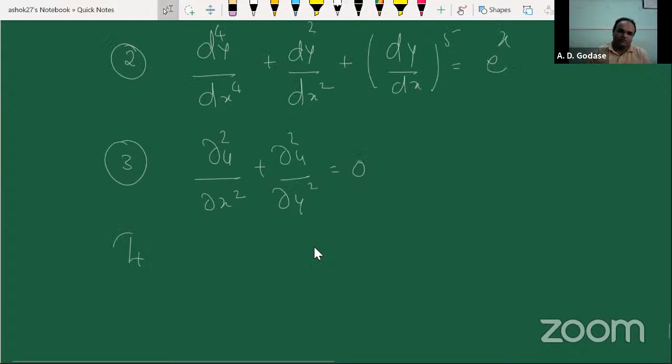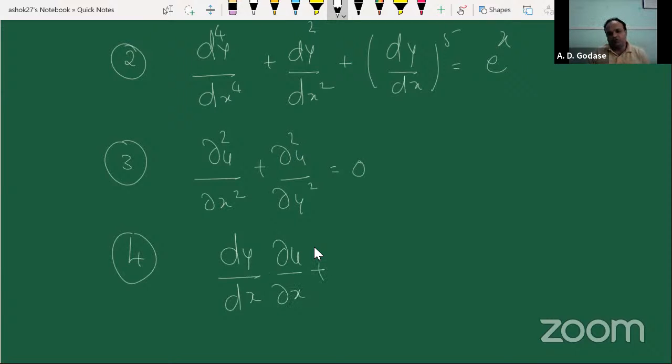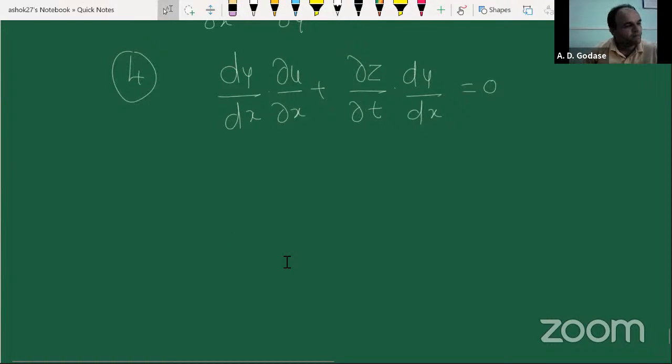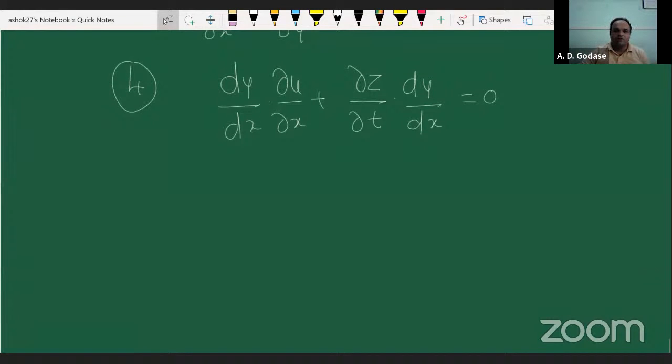Fourth, dy by dx into dou by dou x plus dou z by dou t into dy by dx equals 0. That is another example of a differential equation, and likewise. So next definition. I will stop here.